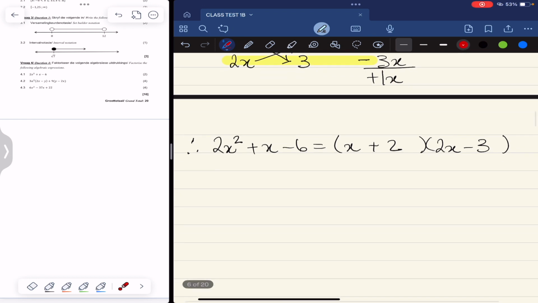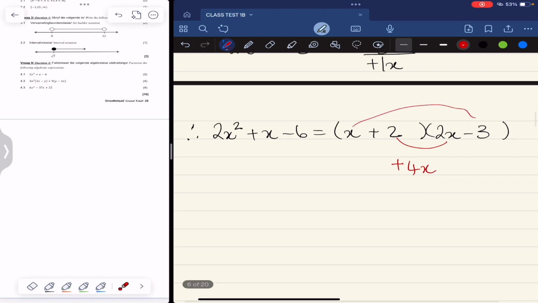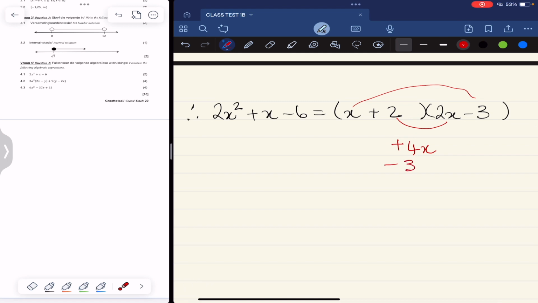And if we multiply those out, let's just see if it gives us what we had originally, let's see if it gives us the middle term rather. That gives me positive 4x. That's an ugly x, gives me positive 4x. And that gives me negative 3x. And that of course will leave me with positive 1x.